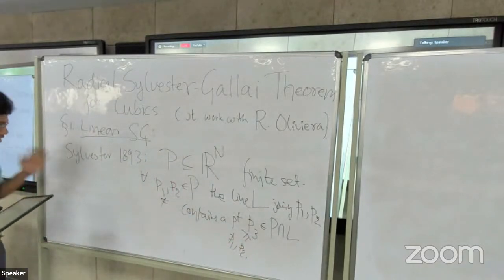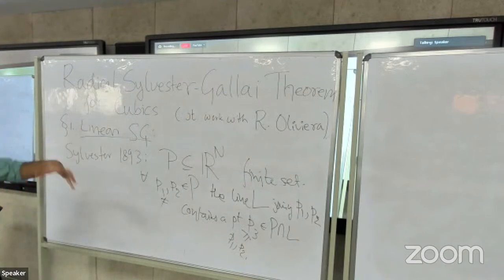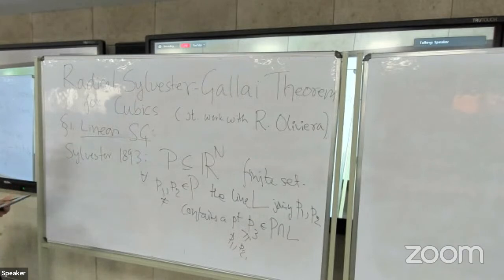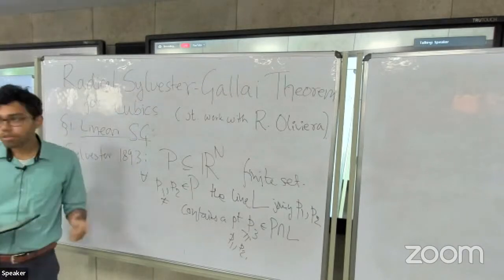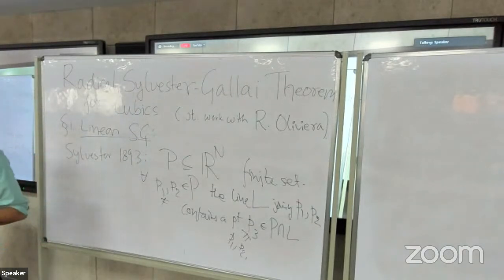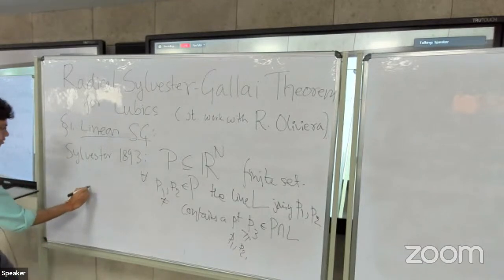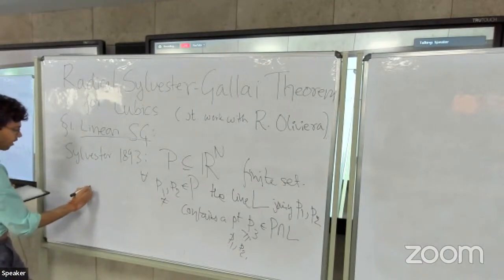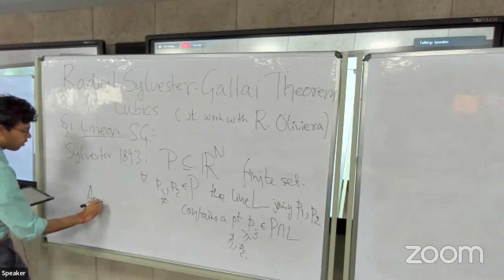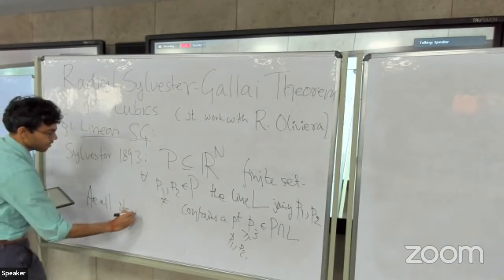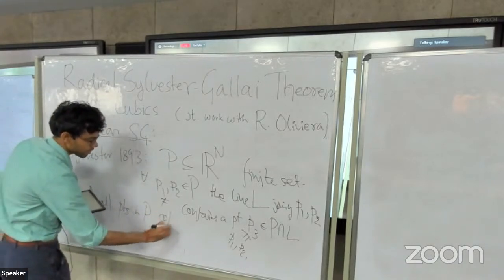This is the setup. If you have such a configuration, we call it a Sylvester-Gallai configuration, and Sylvester asked: do all the points have to be on the same line? So Sylvester's question was, are all points in P collinear?